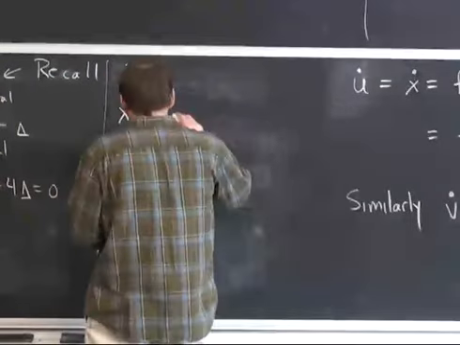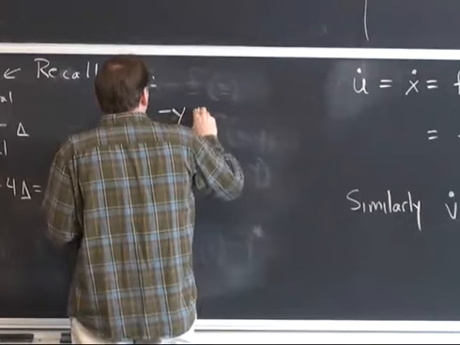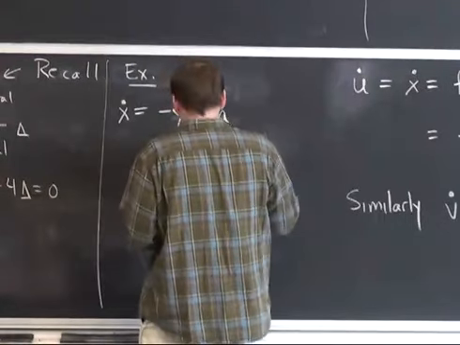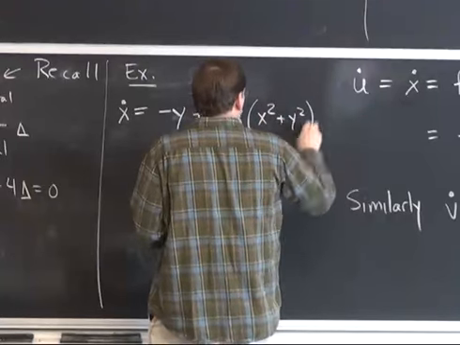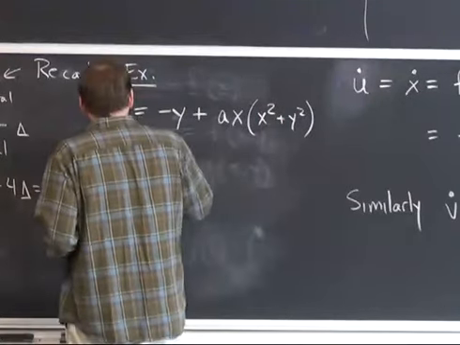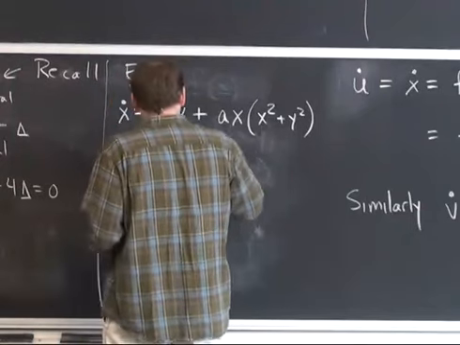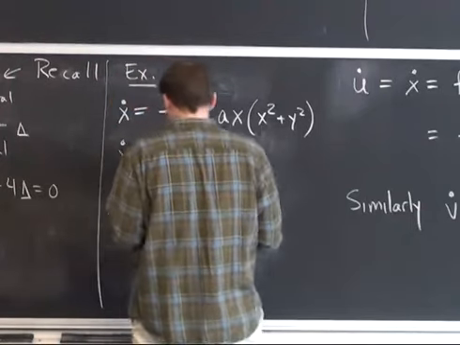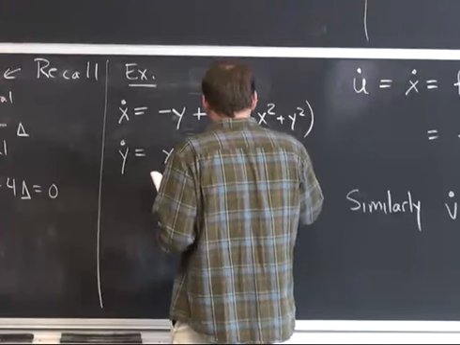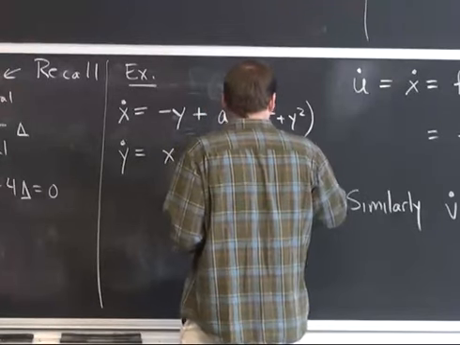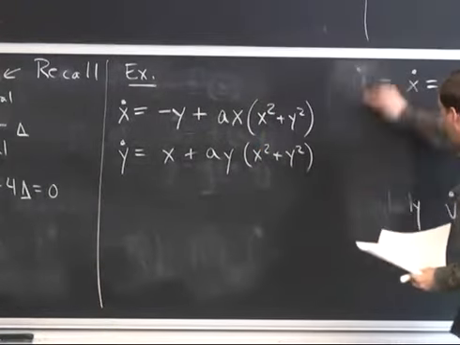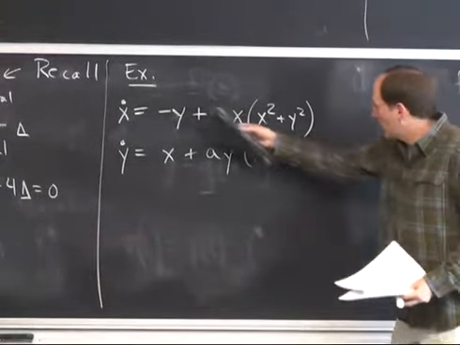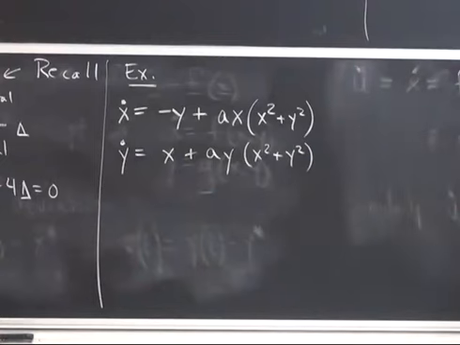So here it is. x dot is minus y plus some constant a, x squared plus y squared. And y dot is x plus a times y times x squared plus y squared. All right, so there's some nonlinear system. Notice it's got cubic nonlinear terms like x cubed and x y squared.